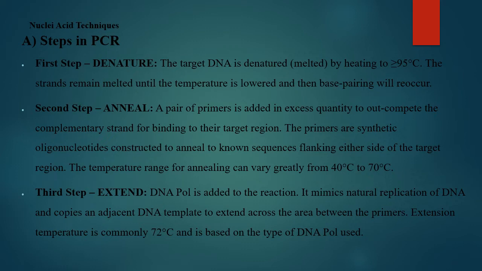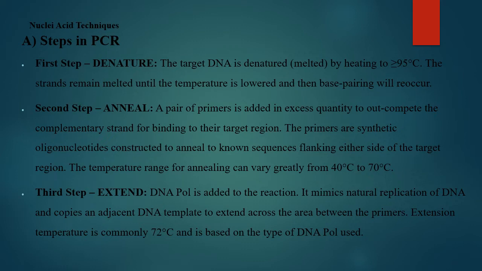And the DNA polymerase is going to identify your primer and then copy the strand of interest. So the DNA polymerase mimics the natural replication of the DNA and copies an adjacent DNA template to extend across between the primers. A primer is bound to one end, and another to the other.